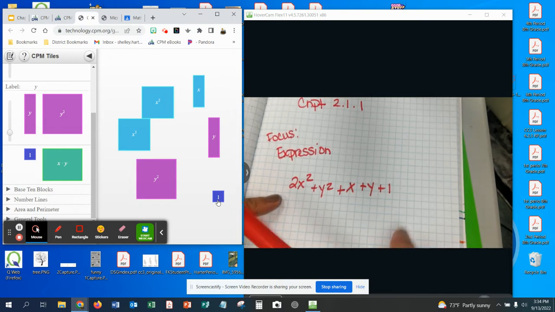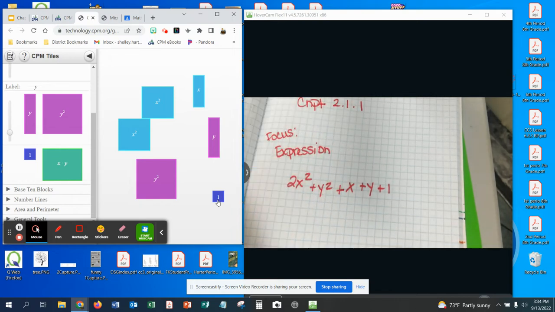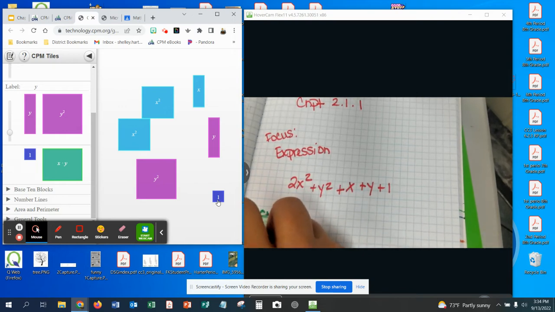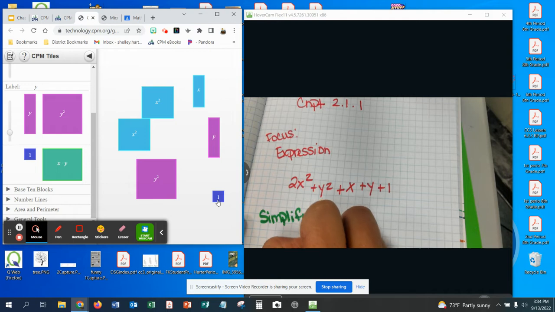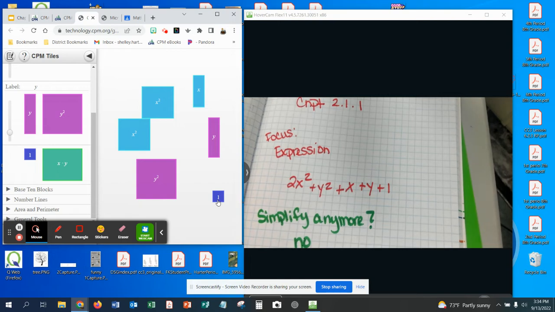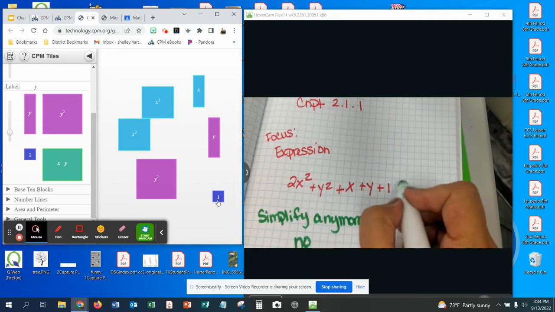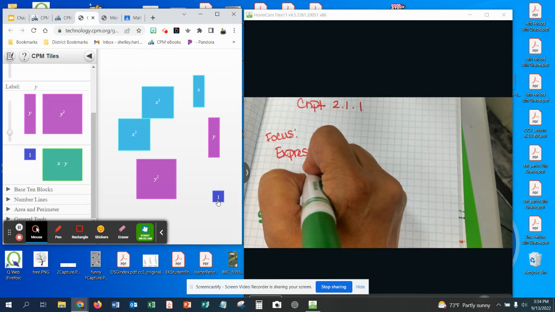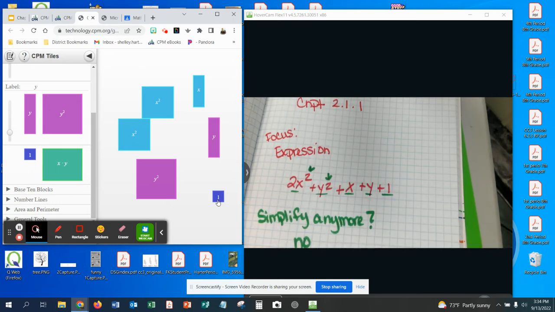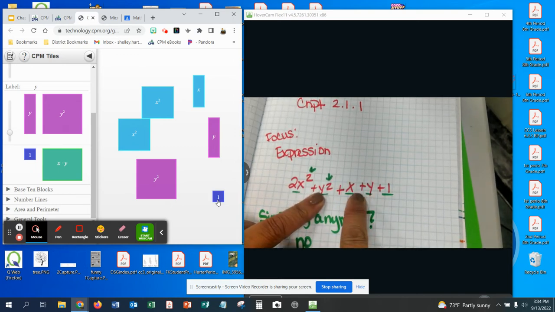Can we simplify this anymore? No, we have to leave it because there's no more like terms. How many terms do we have? We have 1, 2, 3, 4, 5 terms. And remember, these have an exponent to it. That's why we can't add them to the x's over here.